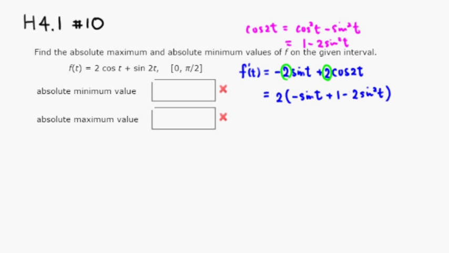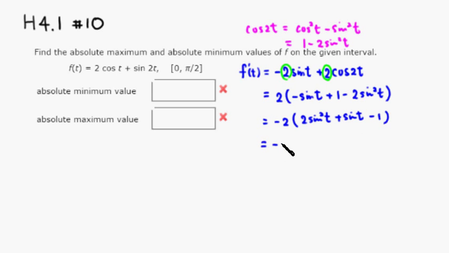Now I'm going to pull out a negative sign also. Then I'm going to write 2 sine squared of t first, plus sine of t, because you have negative signs pulled out, so it's a minus 1. Then we can factor this out.